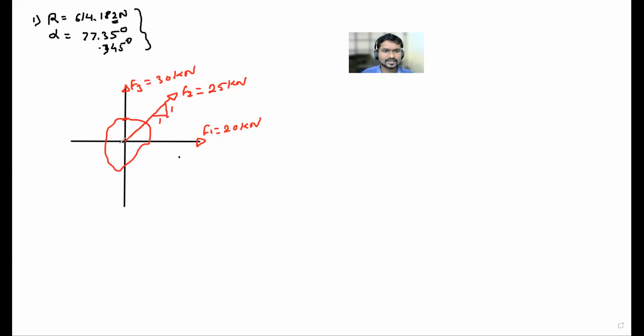Suppose that it's like this. Its magnitude we will consider F4 as 40 kilonewtons, and its angle to the vertical as 60 degrees. Okay, so this is a force system of 4 forces acting on the body, and we require to calculate the resultant of this force system.